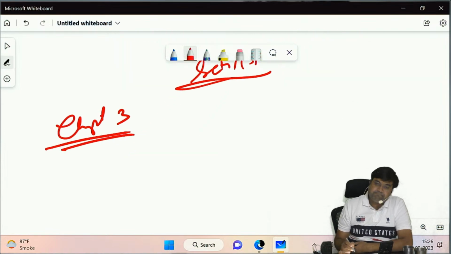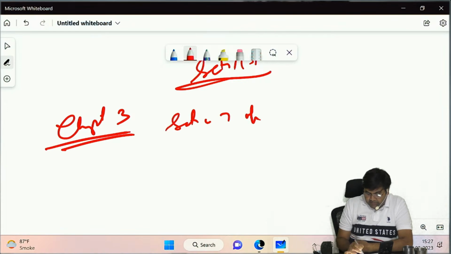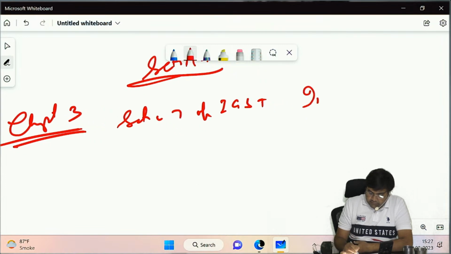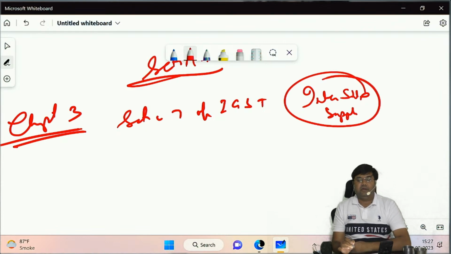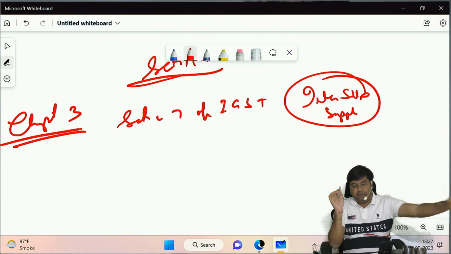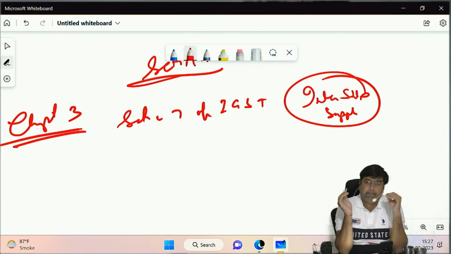Chapter 3, section 7 of IGST, interstate supply. So interstate supply is very simple. Two different states, two different union territories, one state and one union territory, or import, or supply from India to outside India, or supply to an SEZ unit or SEZ developer, or supply by an SEZ unit or SEZ developer.